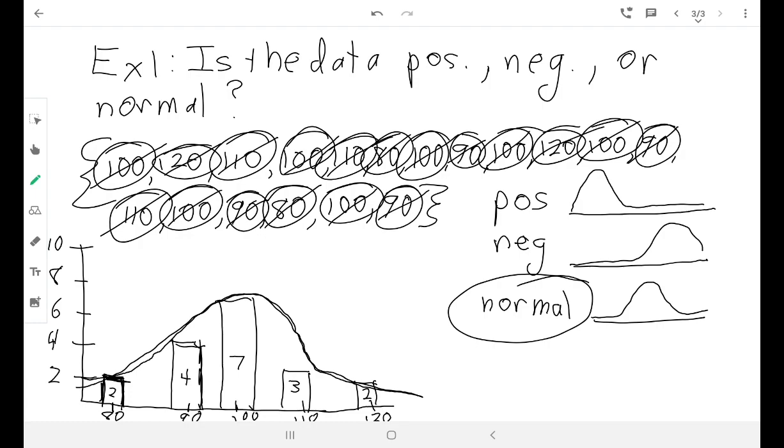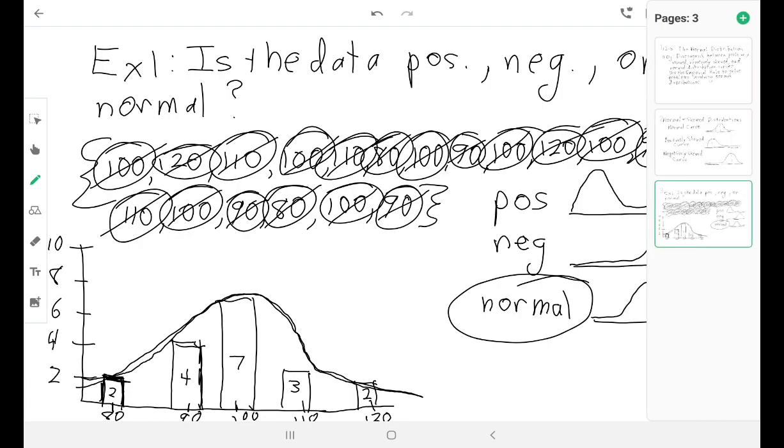Okay, so that's using data. Now let's talk about normal distribution, and let's talk about why it's so important.